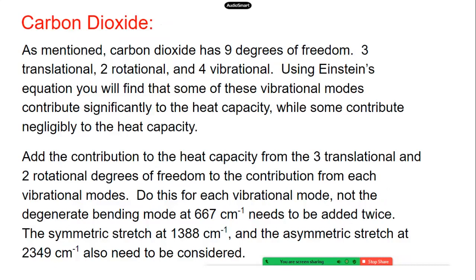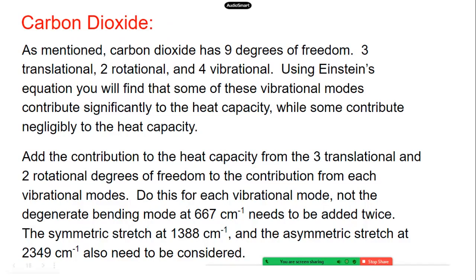Okay, so carbon dioxide. We know it has 9 degrees of freedom: 3 translational, 2 rotational, 4 vibrational. So we have to use the Einstein equation for each of these vibrational modes and add them together. You add the contribution of the translational, you add the contribution of the rotational, and of course you add the vibrational modes together. There are 2 degenerate bending modes, 667 wave numbers. You plug it into the Einstein equation once, you plug it into the Einstein equation again.